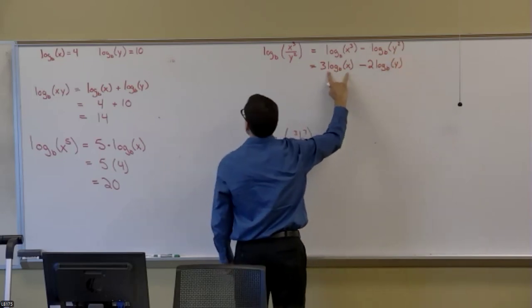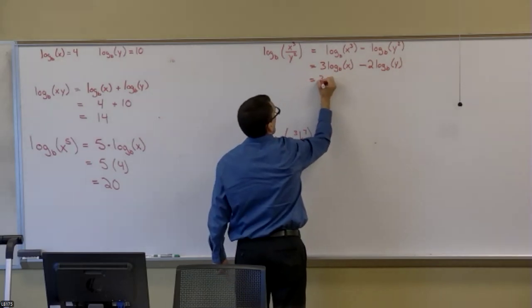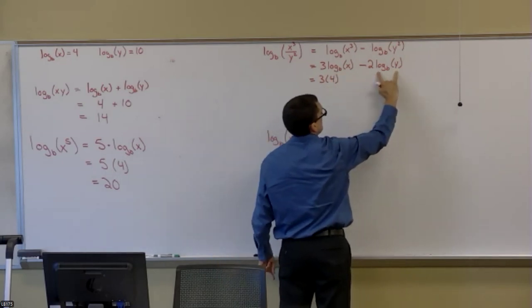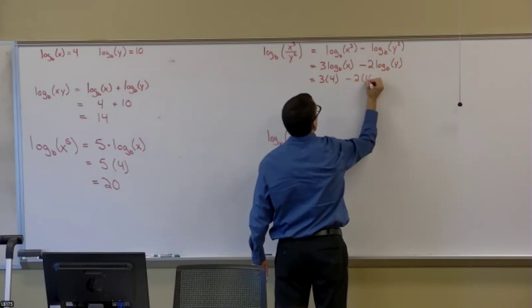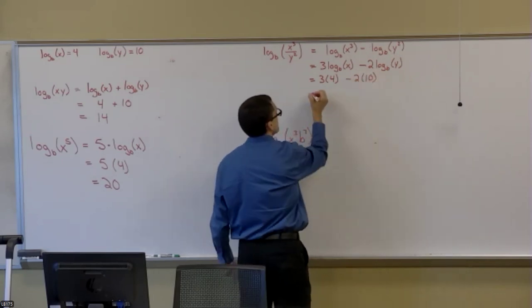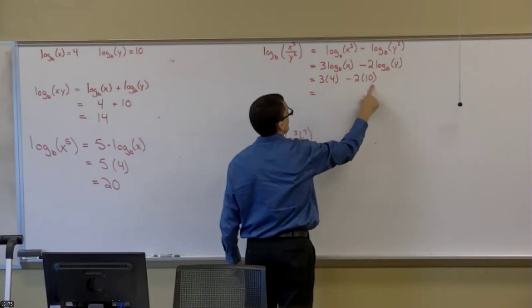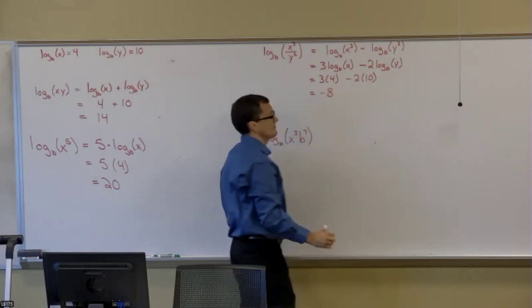Now this entire log base b of x gets replaced with the 4. This entire log base b of y gets replaced with a 10. This is going to be 12 minus 20. So that's a negative 8 when it's all said and done.